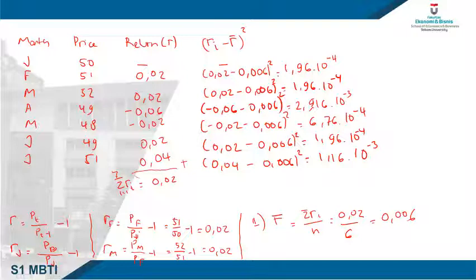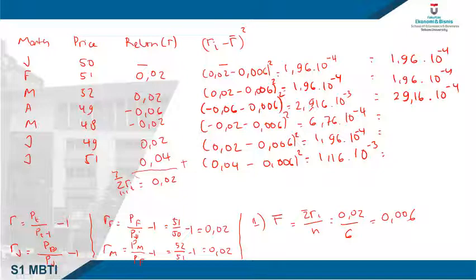To make it quick, I'll put everything in the same factor of 10 to the minus 4. So I'll change this to 29.16 times 10 to the minus 4.